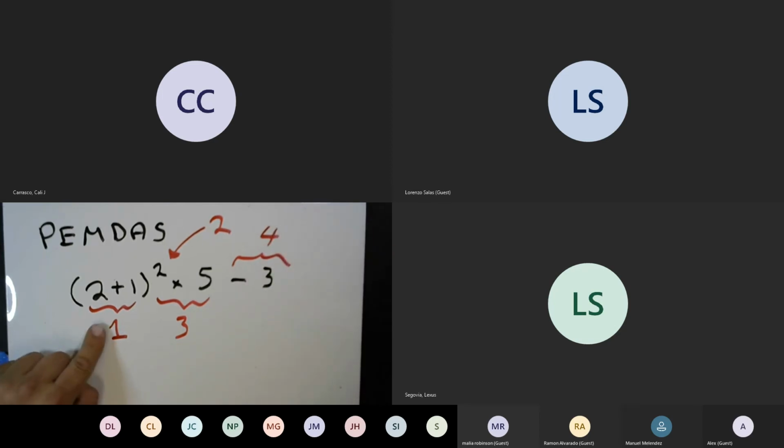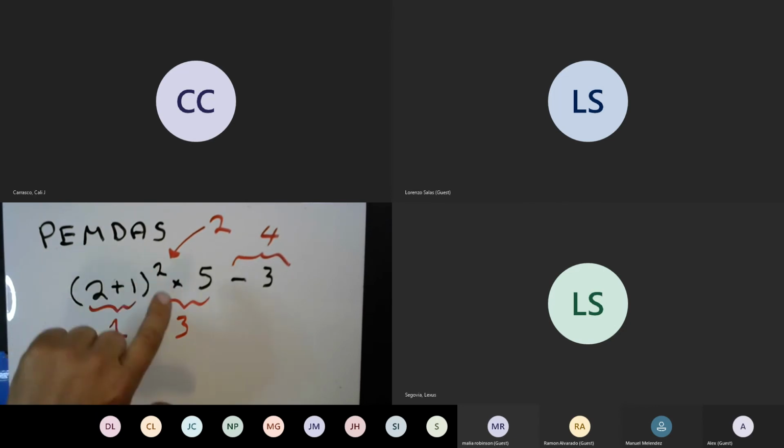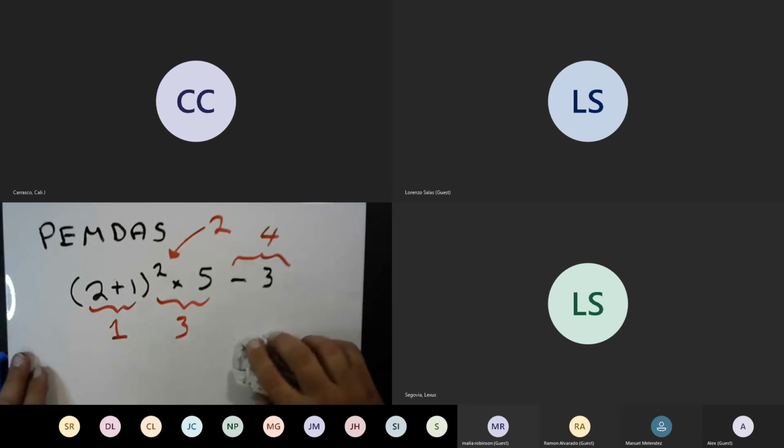So we do it in the parentheses first, then we would do the exponent, then we would multiply, and then we would subtract. But let's say we're solving for x.